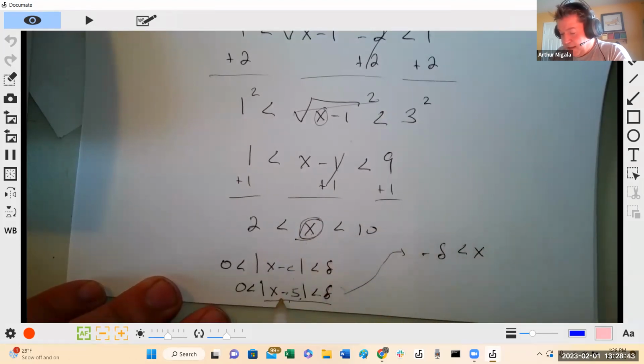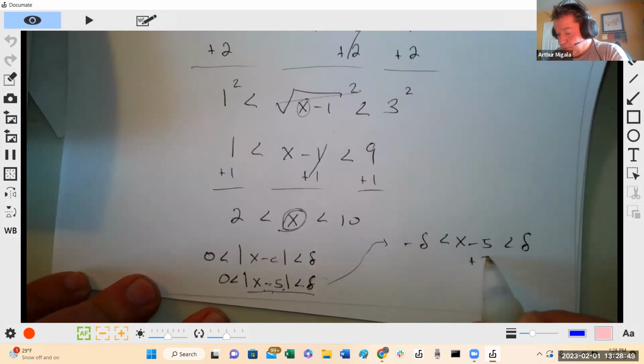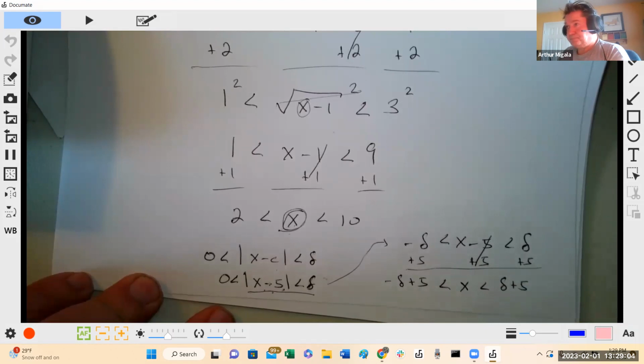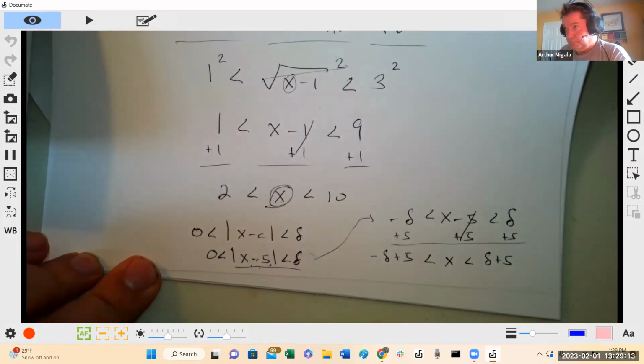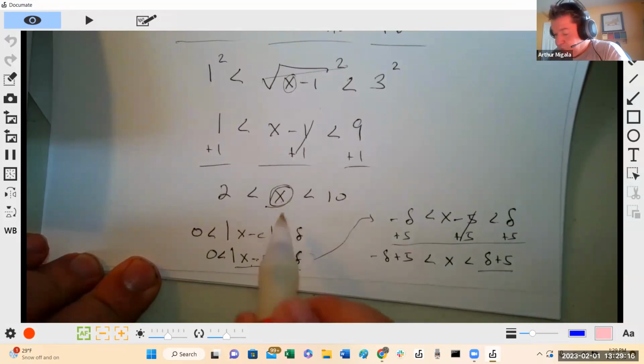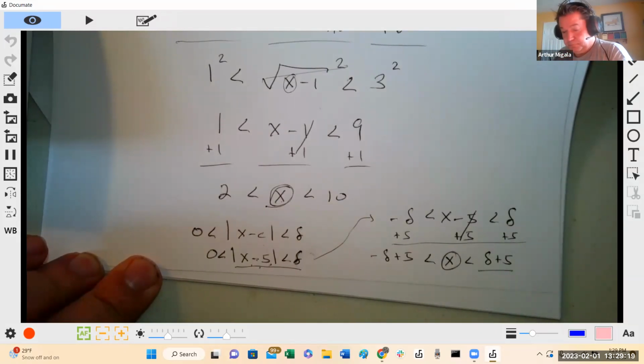So we have to get x by itself. Add 5 to both sides. So negative delta plus 5 and delta plus 5. So we have x's equal the same. So we look at both of those.